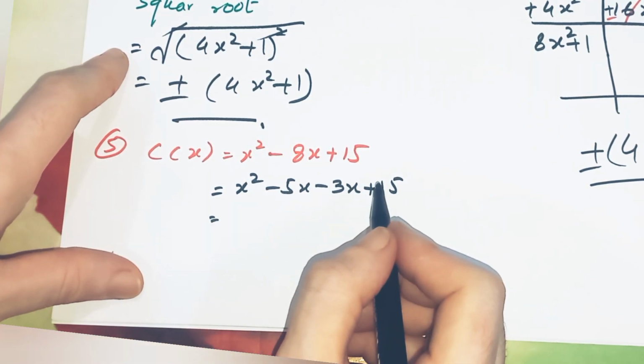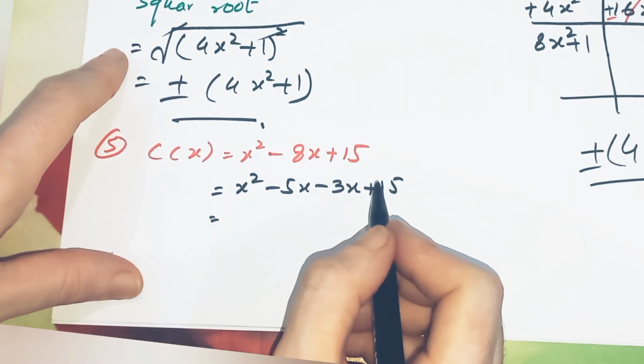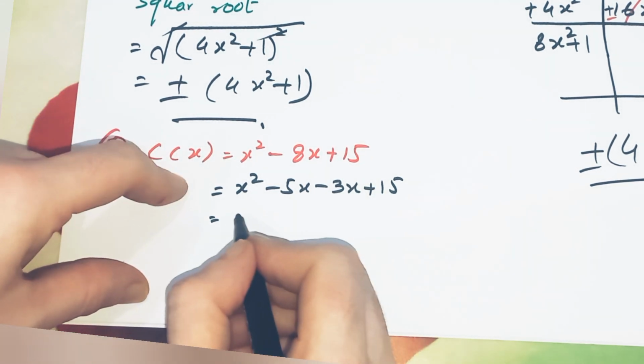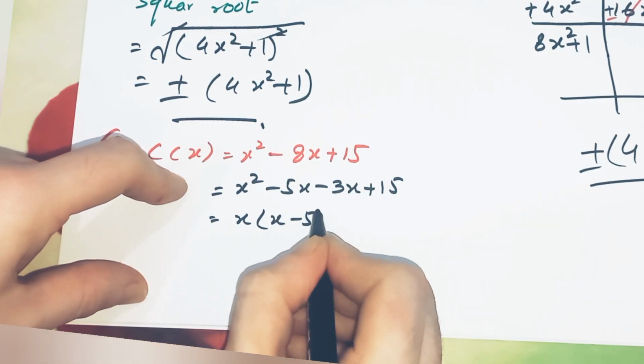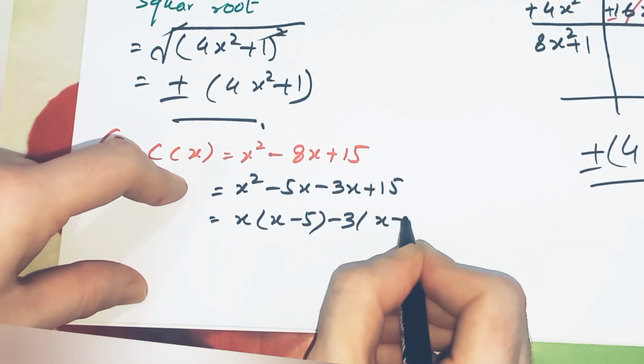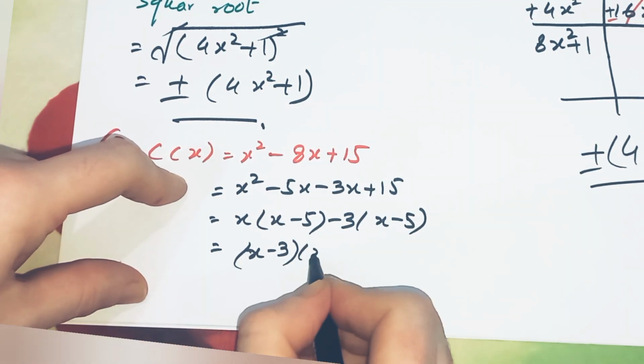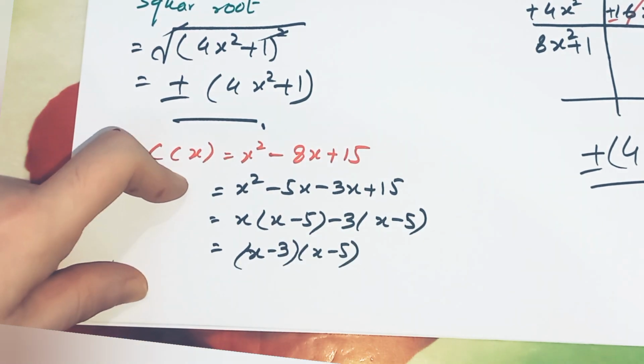As you remember, from exercise 4.4, questions number 3, 4, 5 and 6 are similar types. x is common, into 5, 3 is common, x minus 5. As we write here, minus 5.